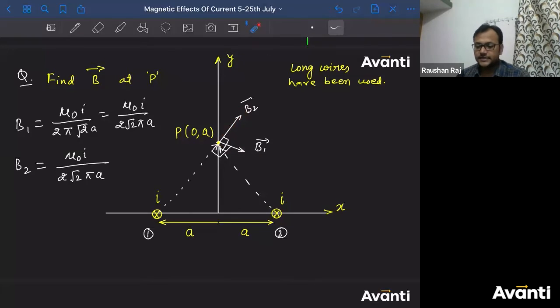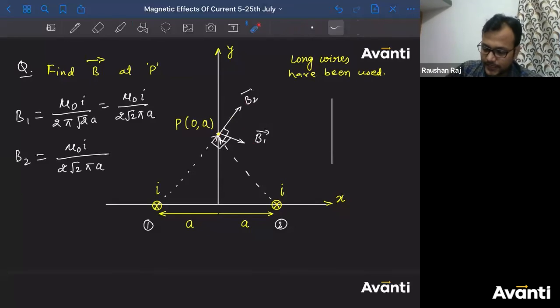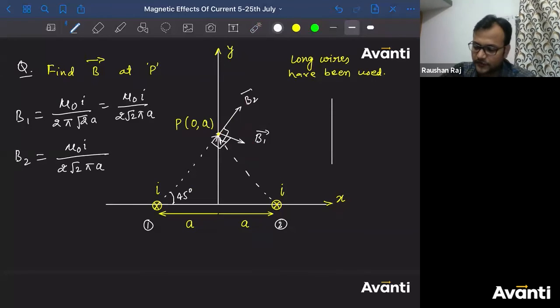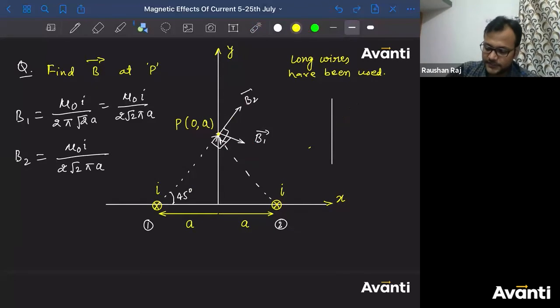What are the angles that they are going to subtend, guys? If this is the y-axis, what is this angle? Can I say this is 45 degree? Draw a 45 degree angle. If this is 45, this is 90, so this will also be 45.